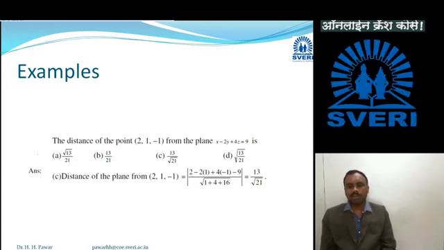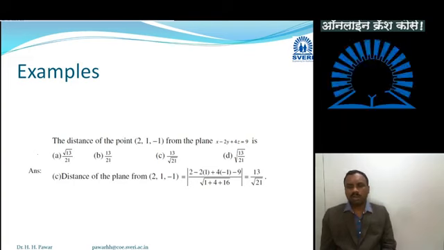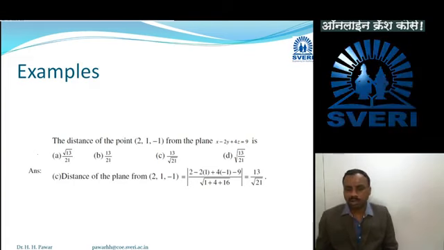By using the formula we'll get 2 minus 2 into 1 plus 4 into minus 1 minus 9 divided by square root of 1 plus 4 plus 16. It is equal to 13 upon root 21. That is option C is the correct choice for this question.